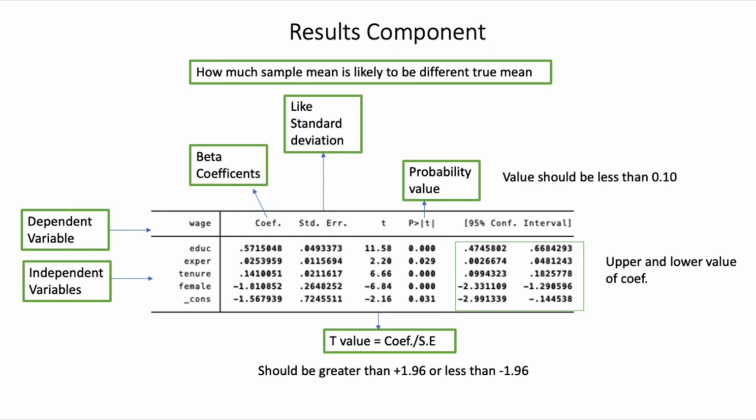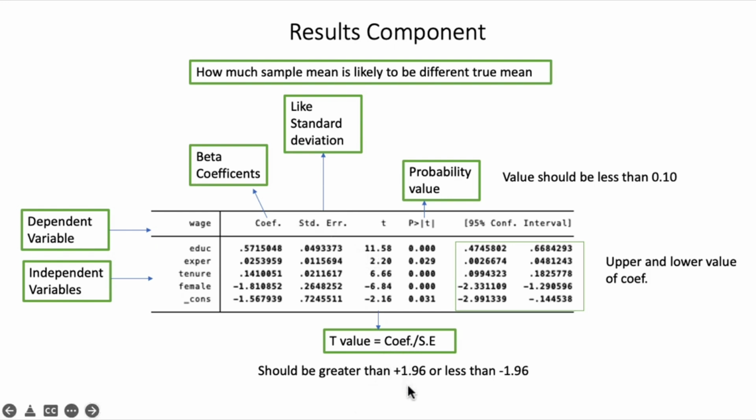How much is it? Using the standard error, if you divide the coefficient by it, you end up with what's called a t-value. I'm sure you've heard about hypothesis testing during your degree somewhere. This t-value can then be compared from a t-table.